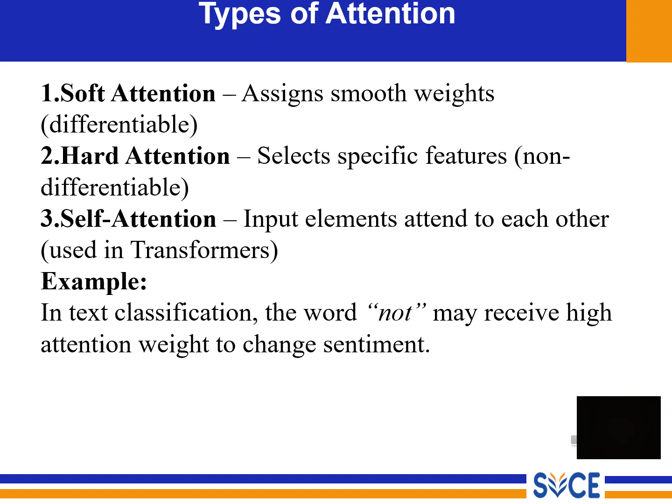Now attention comes in different flavors, which means the types of attention. Let's talk about the main three. The first one is soft, the second one is hard, and the third one is self-attention. We'll see them one by one. The first one is soft attention. It is smooth and continuous. The model does not completely ignore any part.